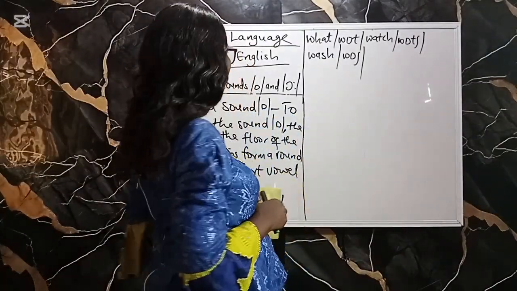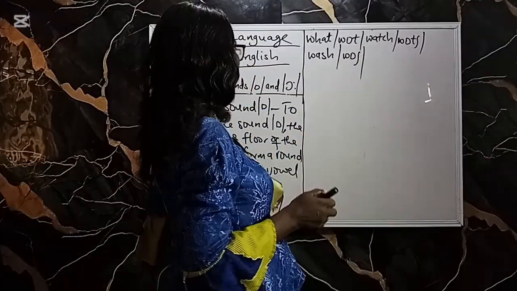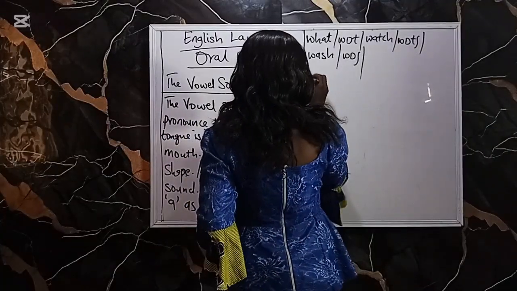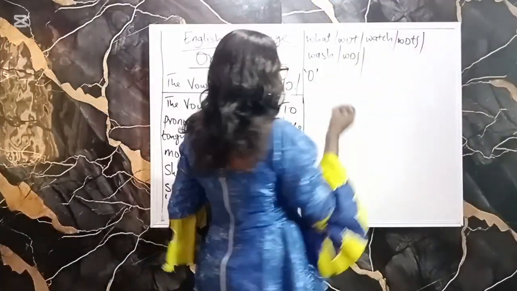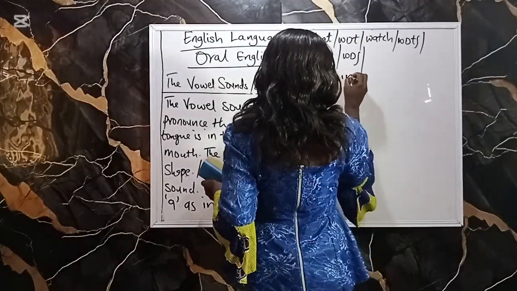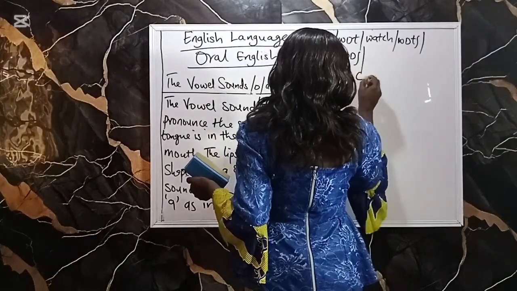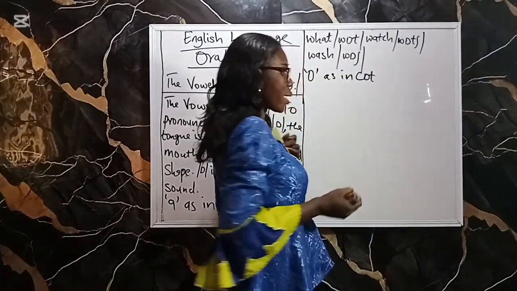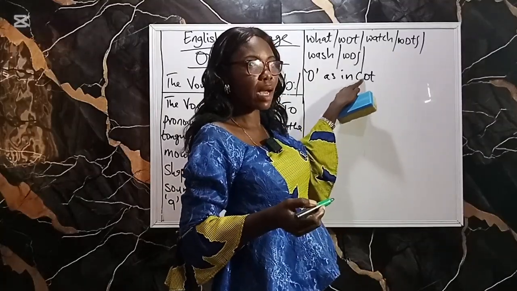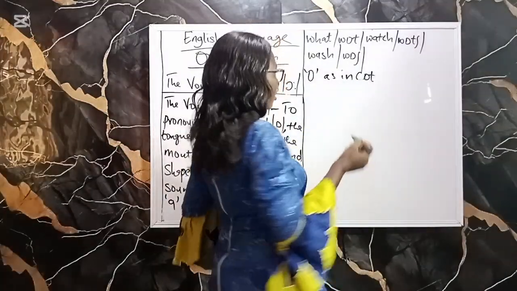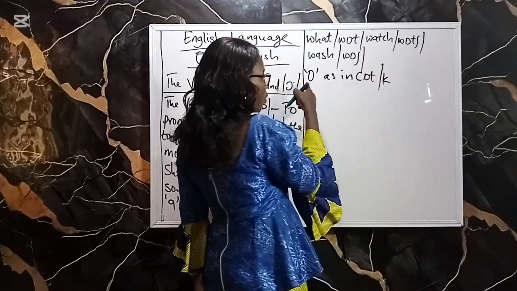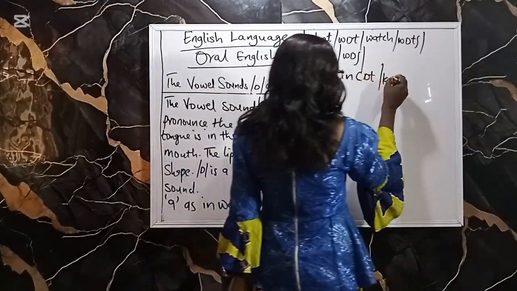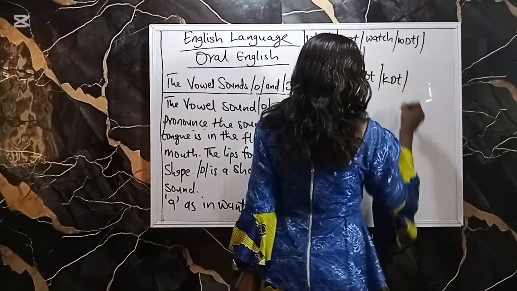Alright, apart from seeing it in A, we can see it in O, as in cut. Remember, we don't have C in English sound. We pronounce it K. So where we see O, we put the sound. Okay? Cut.